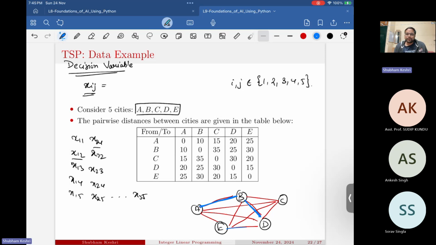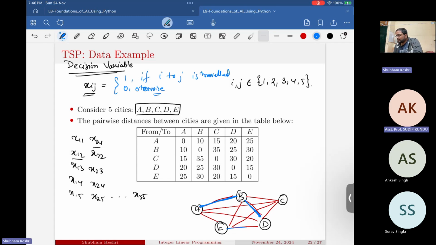So if you have active, inactive, active, inactive, it actually is a binary variable. 1 means active, 0 means inactive. So over here, you can think about xij as a binary variable which takes value 1 if i to j is traveled and 0 otherwise. This you can think about as a decision variable.